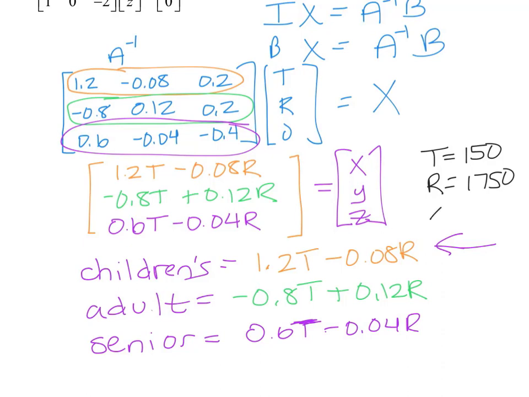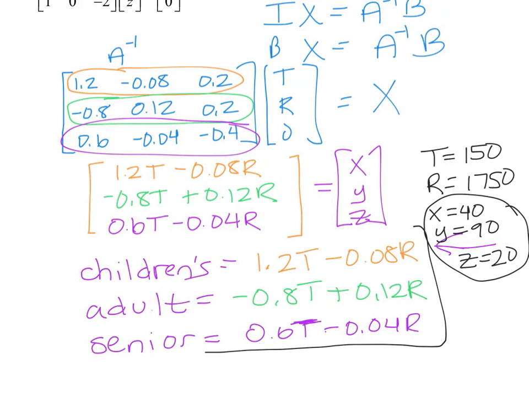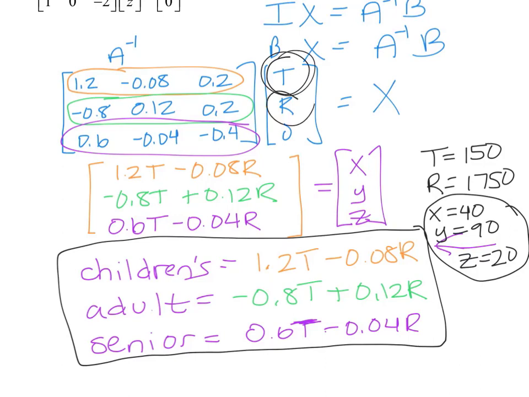My x would be 40, my y would be 90, and my z would be 20. You can try that out, plug it in. This gives us a formula for how many of each type of ticket we have if we know the value of t and the value of r.